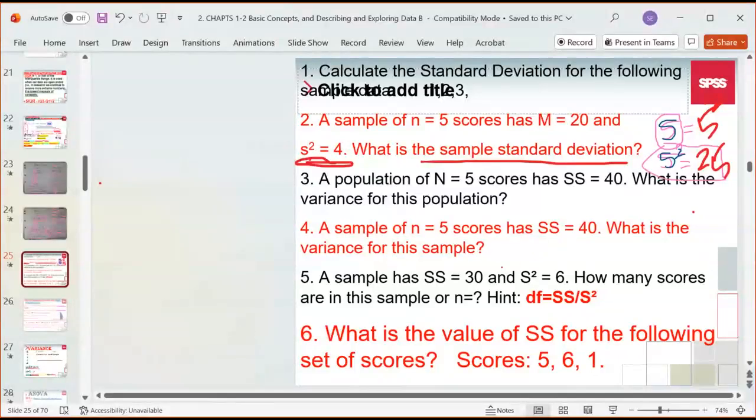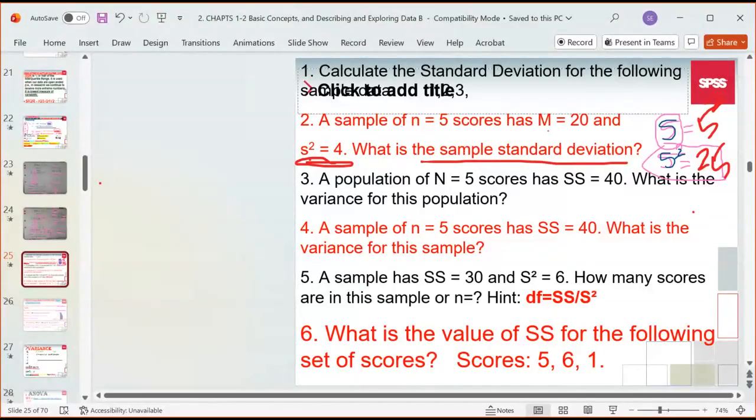Calculate the standard deviation. Okay, so we did that. A sample has 5 scores. We don't know what they are, but it has a mean of 20 and a variance of 4. What is the sample standard deviation? That's why I said you've got to pay attention.